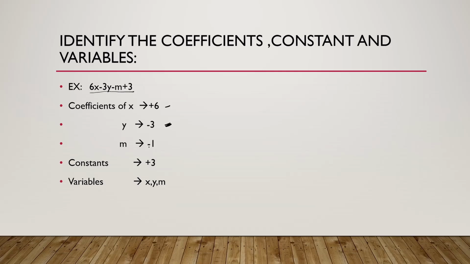For m, if you see, there is no number, so it is counted as minus 1. So minus 1 is the coefficient for m. And the constant is plus 3 here, and the variables are, you can see easily, x, y and m.